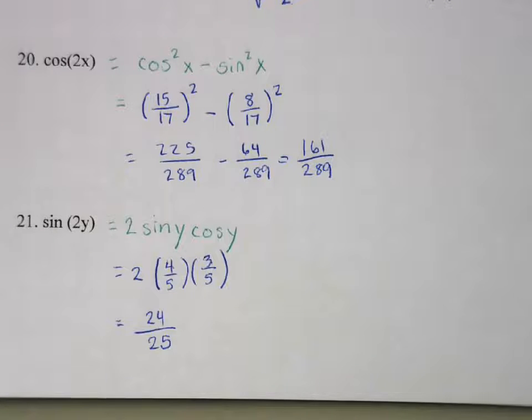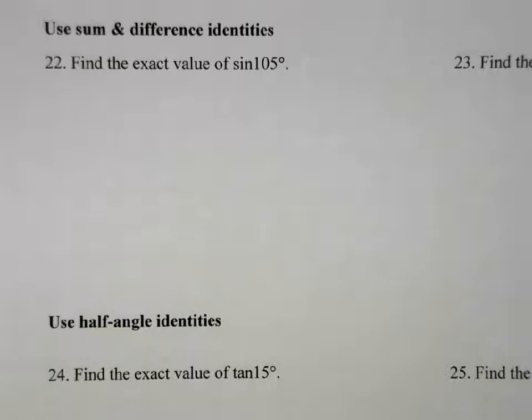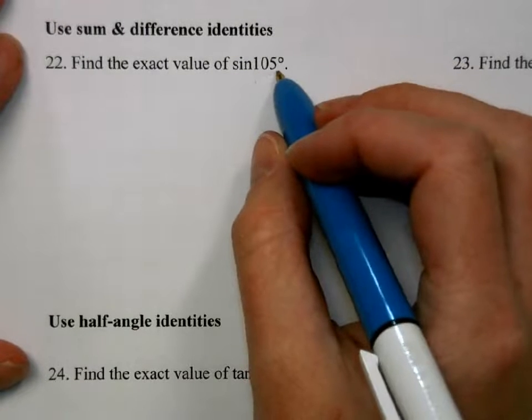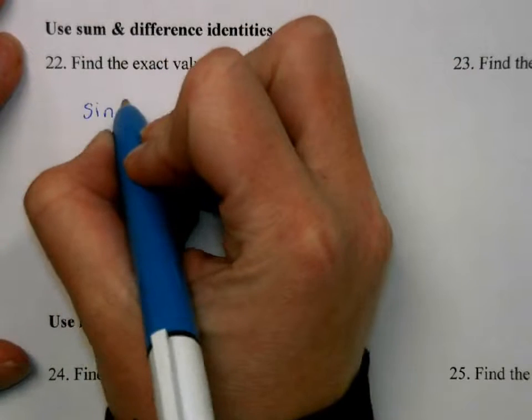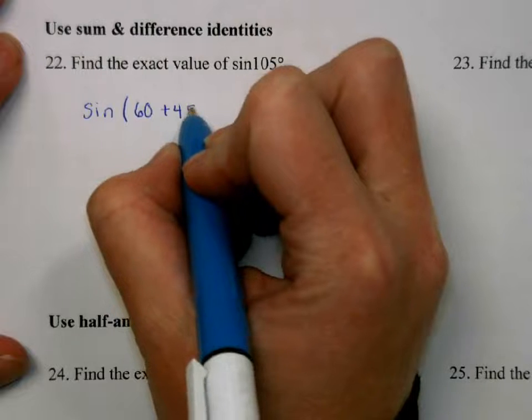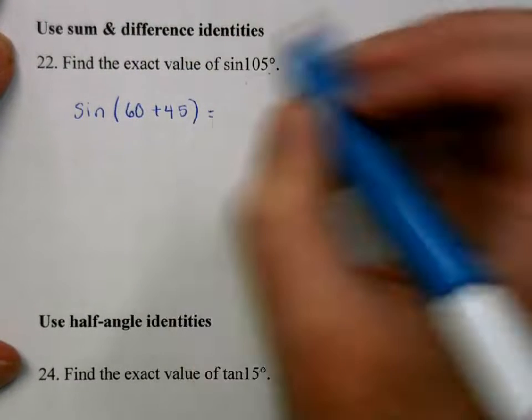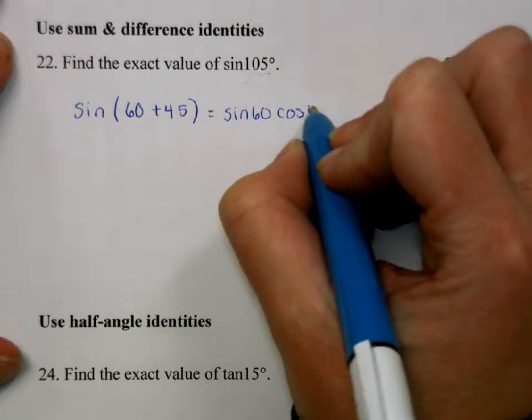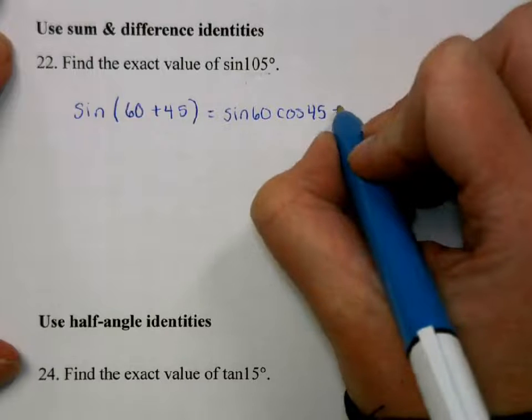All right, we're going to find the exact value of the sine of 105. So the trick for this, using the sum and difference, is to rewrite 105 as the sum or difference of two unit circle values. So I'm going to choose 60 and 45. Then expand using the identity. So sine of 60 cosine 45 plus sine 45 cosine 60.